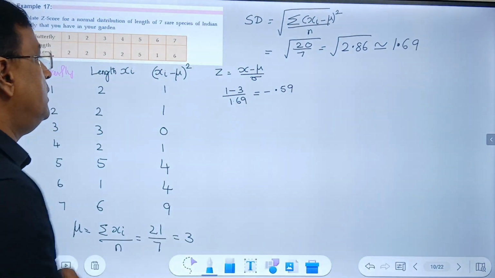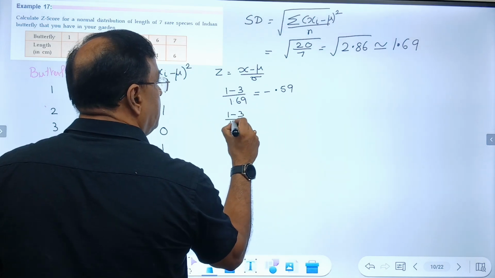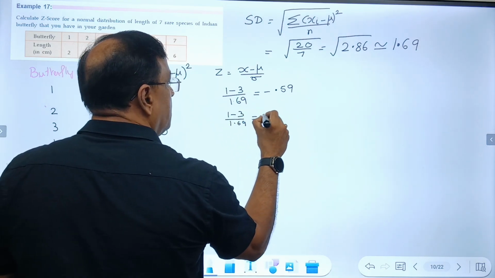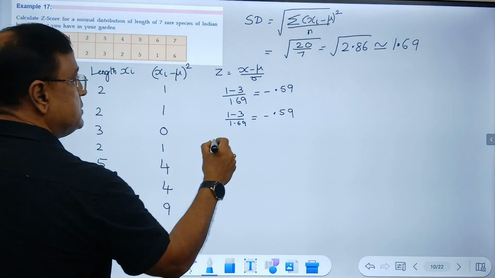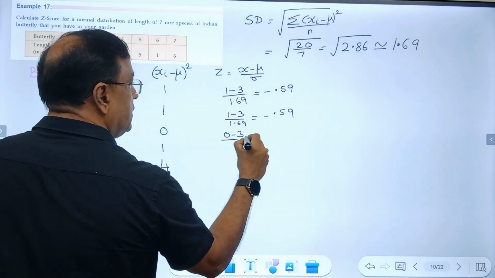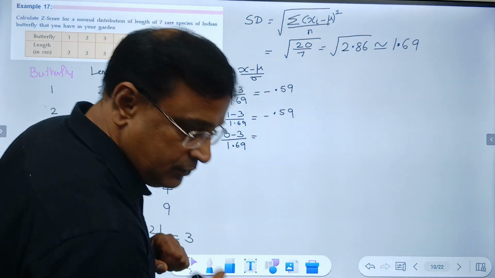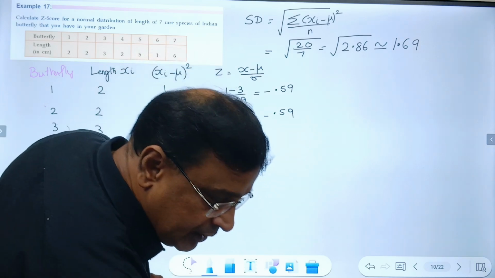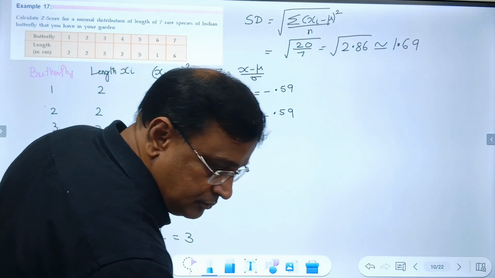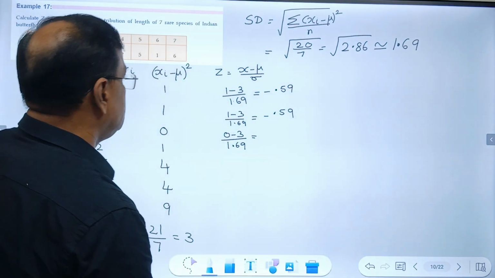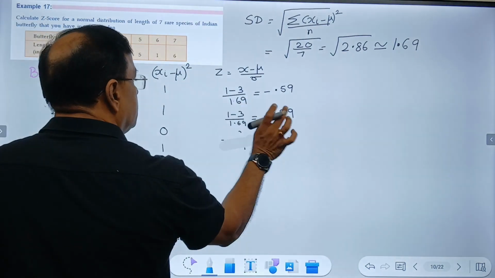Okay. Again, it will be the same, right? 1 minus 3 by 1.69, it is minus 0.59. Now when it is 0, what happens? 0 minus 3 divided by 1.69. No, sorry, this is 3.